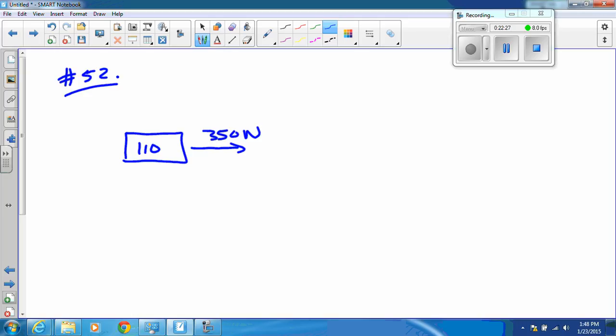Hopefully your free body diagram starts like this. For the first 15 meters, the floor is frictionless, and for the next 15, the coefficient of friction is 0.3. What is the final speed of the crate?